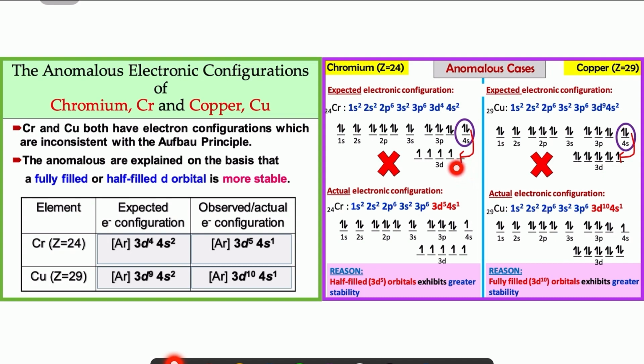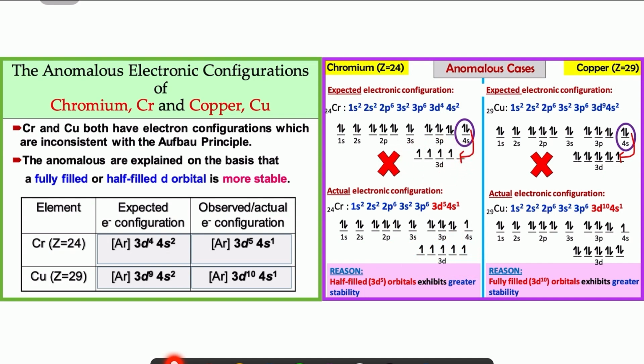So orbital 3d will have 5 electrons with parallel spin, and 4s is left with one electron after it transferred an electron to 3d. Why? Because of the stability of a half-filled 3d orbital. So this arrangement is more stable compared to the previous one.